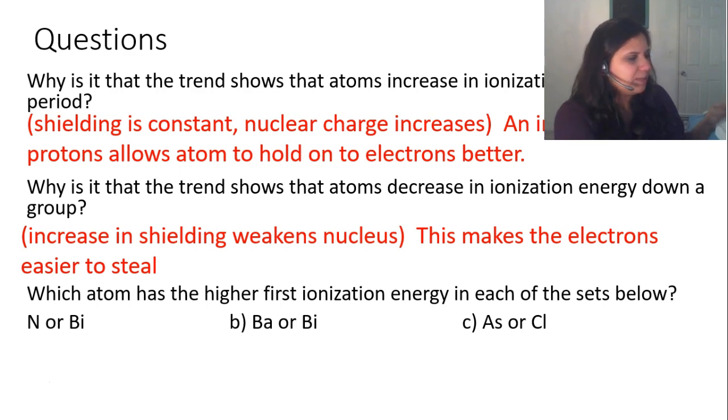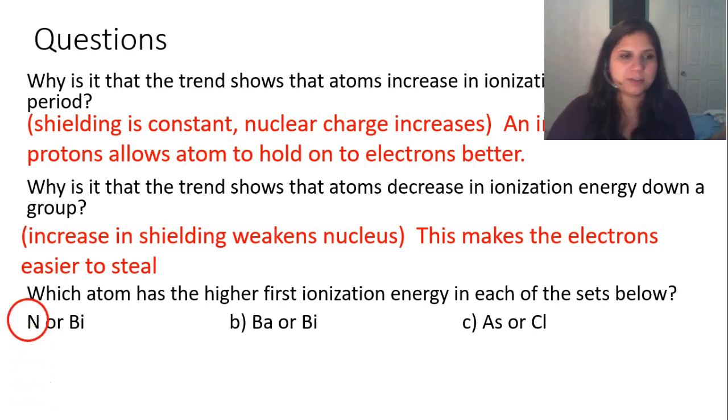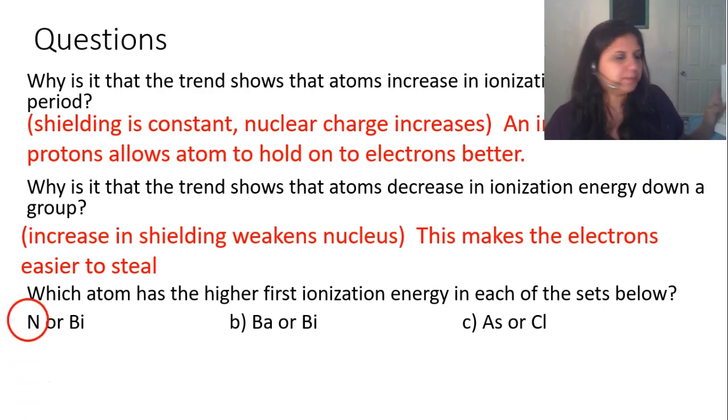Nitrogen and bismuth are in the same column, the same family. Nitrogen is closer to the top, bismuth is closer to the bottom. Bismuth has more shells than nitrogen, and therefore it's weaker than nitrogen. Nitrogen is stronger. The stronger one has the higher first ionization energy, so nitrogen is our answer.